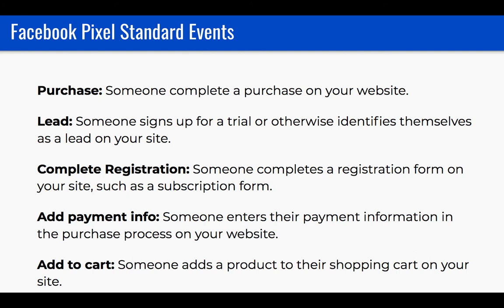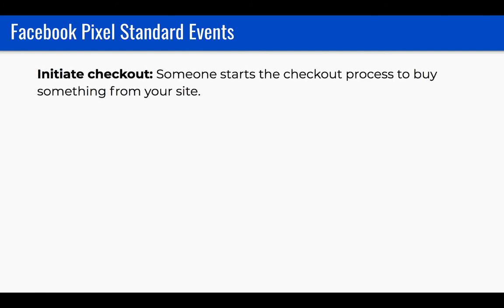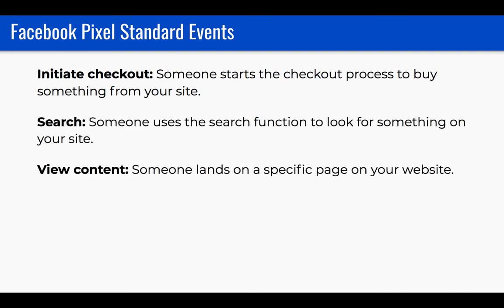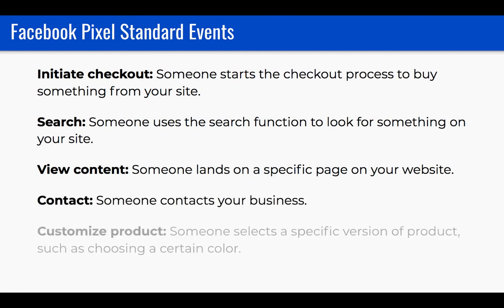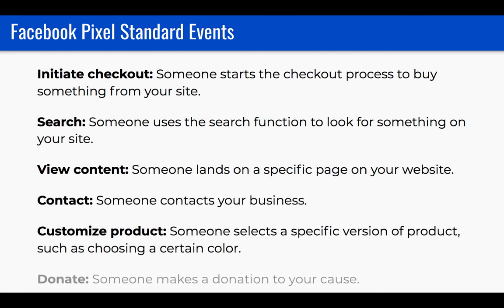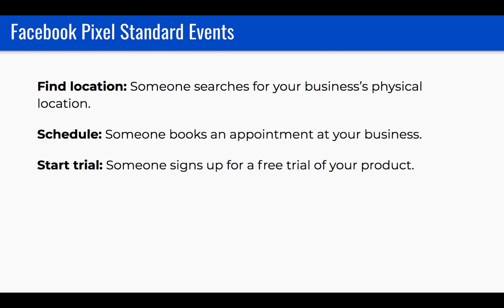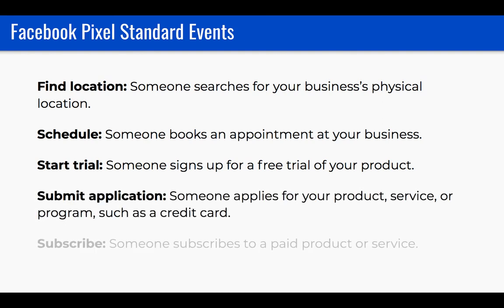Few more events you have, that are initiate checkout, you have search, you have view content, you have contact, you have customized product, you have donate. Then you have find location, schedule, start trial, submit application, subscribe.